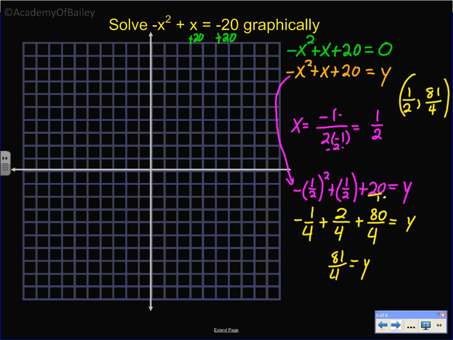We need to plot this. Well, we know 81 over 4 is going to be 20.25, and that's not going to fit on this graph. So what can we do? Well, I know a way to make it fit on this graph.